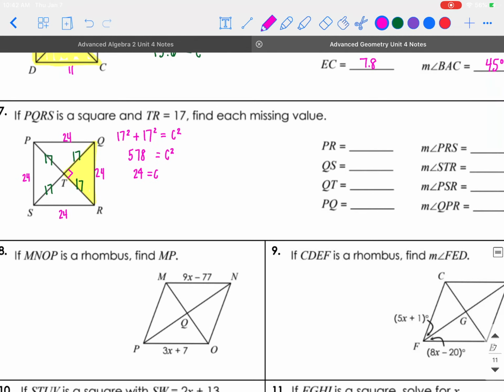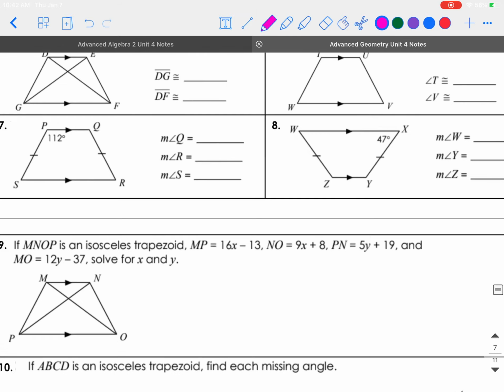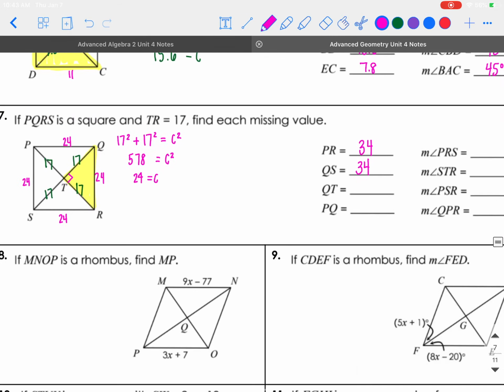So let's answer the questions. PR would be 34 because 17 and 17 is 34. QS, 34. QT, 17. PQ, 24.